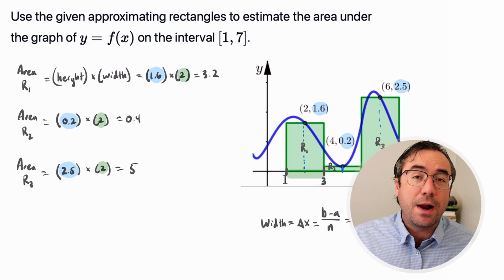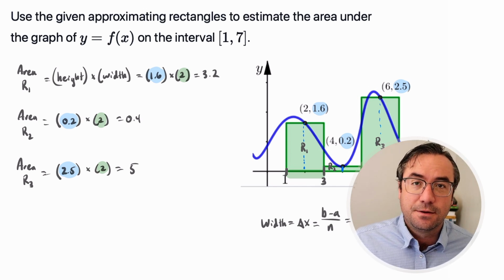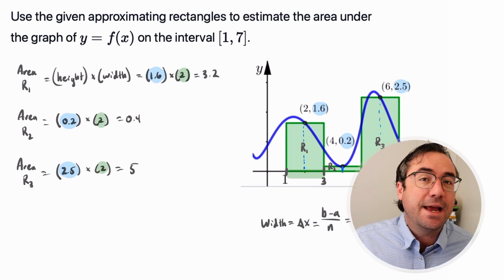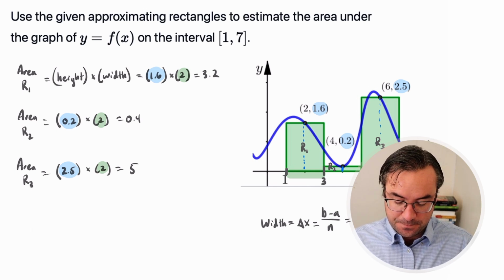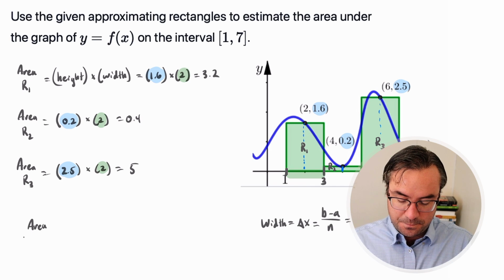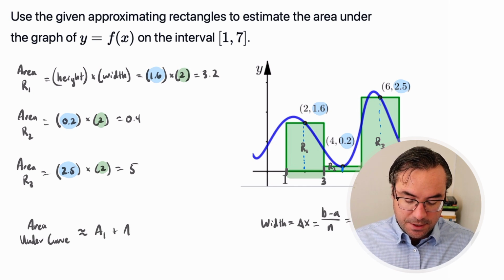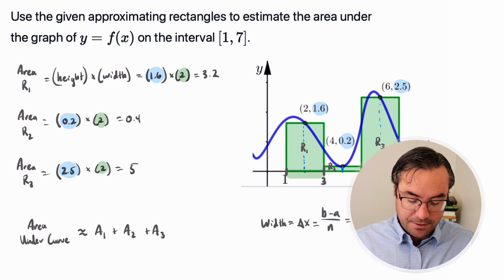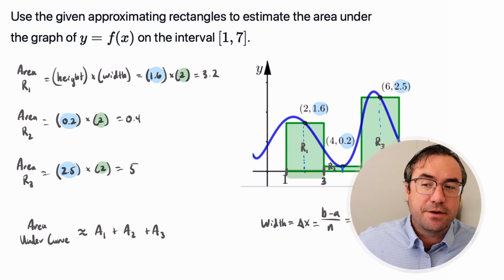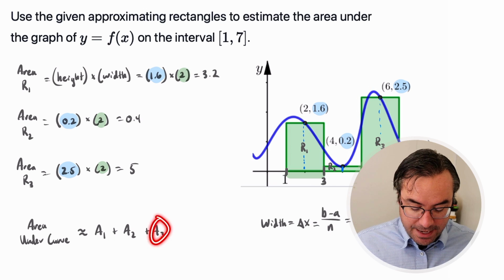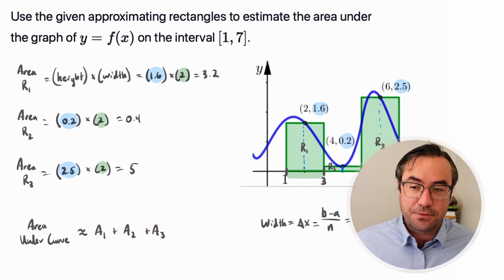So now to approximate our area under the graph, we're just going to add these 3 rectangular areas together. So the area under our curve is going to be approximately A1 plus A2 plus A3. A1 is the area from rectangle 1, A2 is the area from rectangle 2, and A3 is the area from rectangle 3.